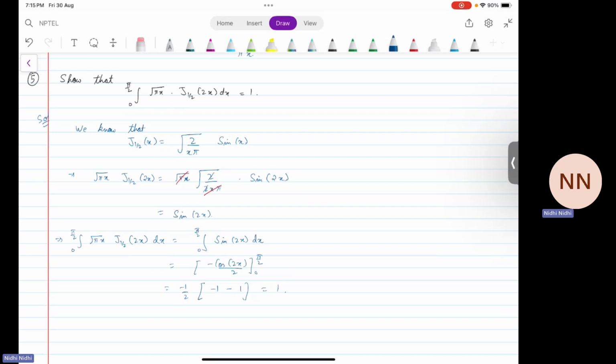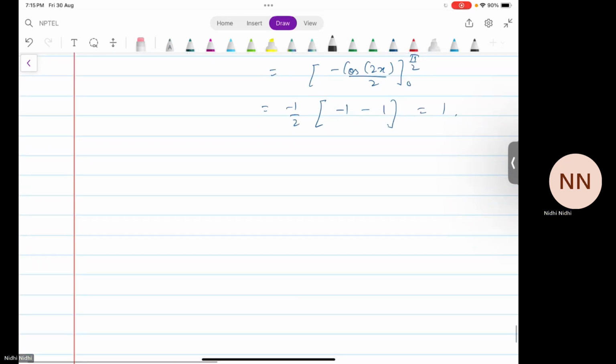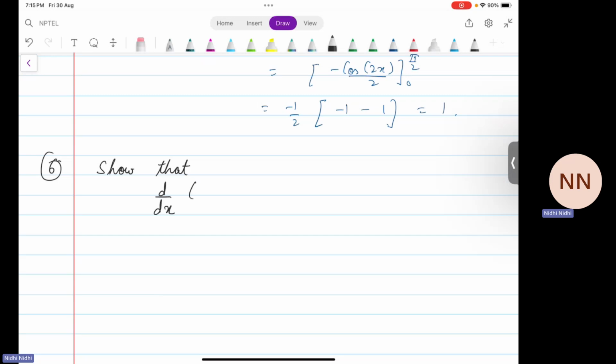Let's move to the next question. Question 6. Show that d by dx of x J2 of x is equal to x J1 of x minus J2 of x.